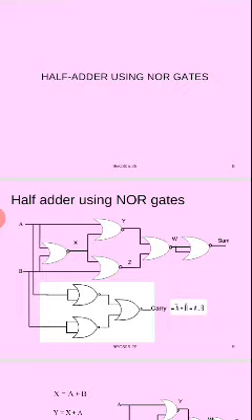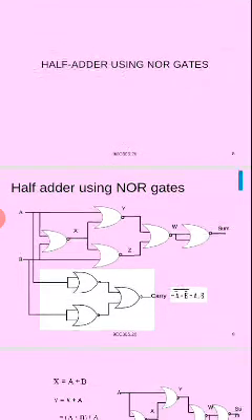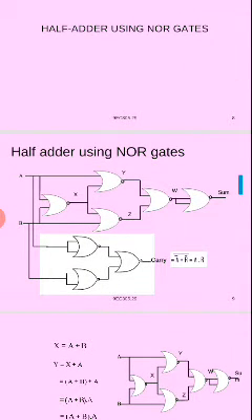The half adder using NOR gates is shown in the figure. It means realization of the half adder using NOR gates. Finally, sum should be the exclusive OR operation and carry should be the A and B operation.